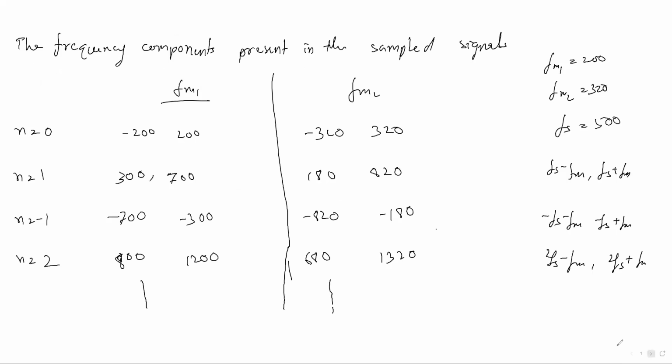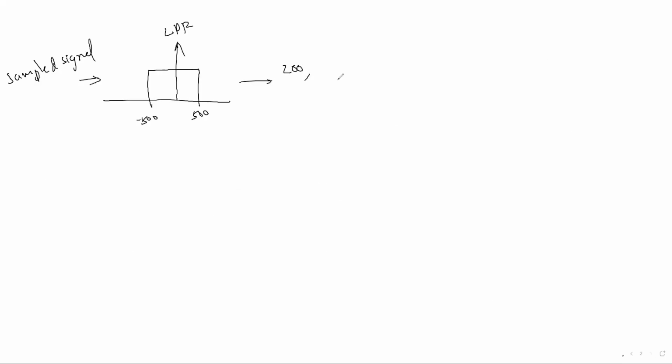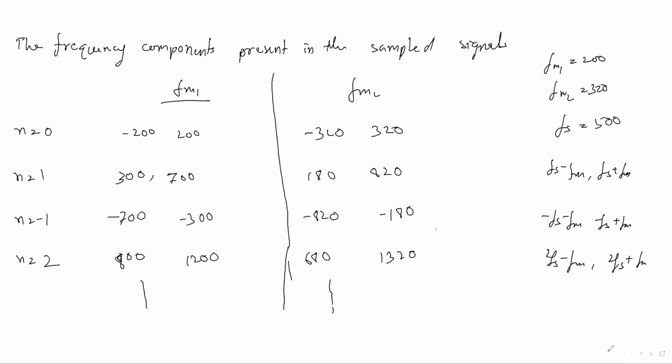That is 200, 180, 300, and 320. These 4 frequency components are present at the output of the low pass filter. Have you understood?